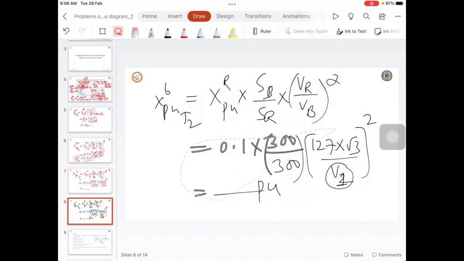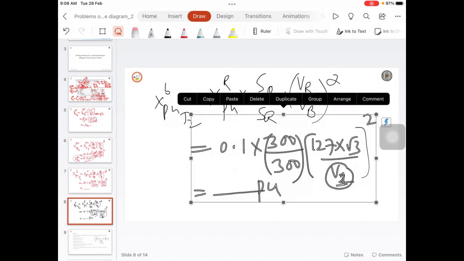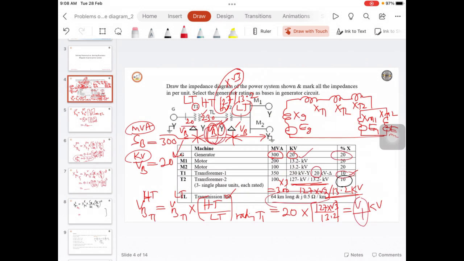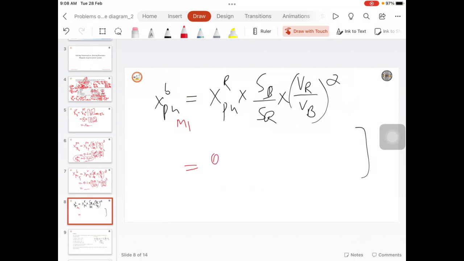Similarly, we can find the motor side. The motor side also you can find with the same formula. The only thing I will change here is motor. This one is motor 1, the actual value of motor 1. Motor 1 is 20%, clearly given. So 20% is 0.2 into SB 300.